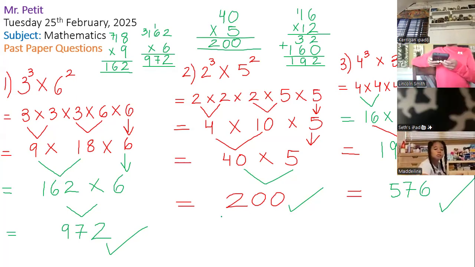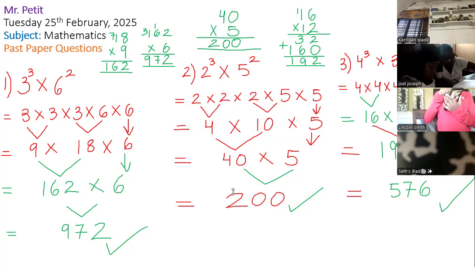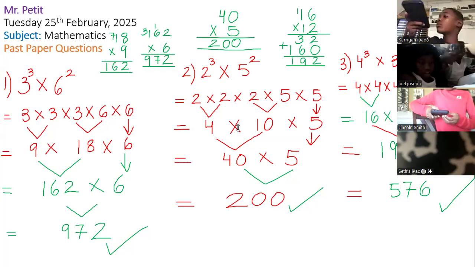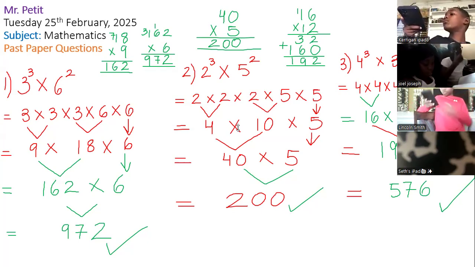Yes, sir. Maya, have you sent in the work? No, sir, I'm finishing writing down number 3 now. Okay, Joel and Diana, y'all finished writing this down? No, sir. I'm at the end of number 3. Okay.